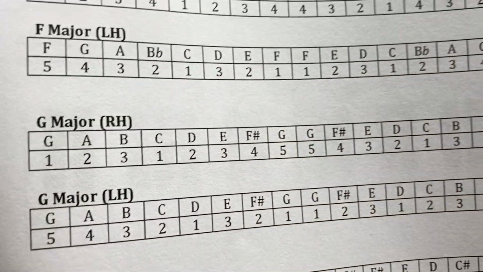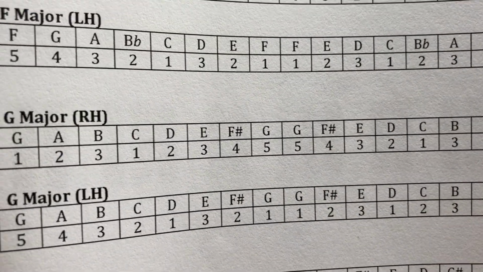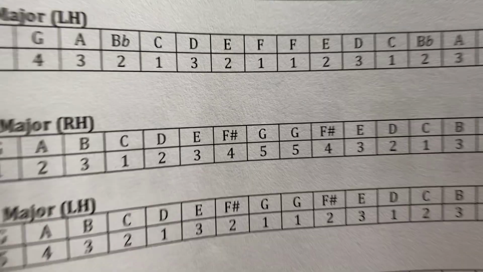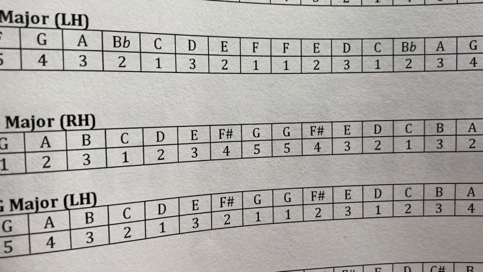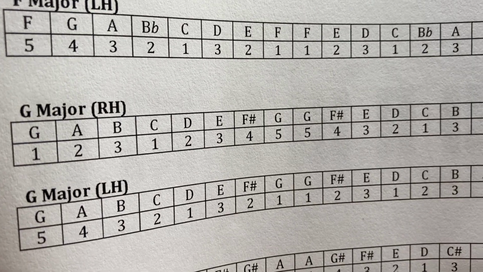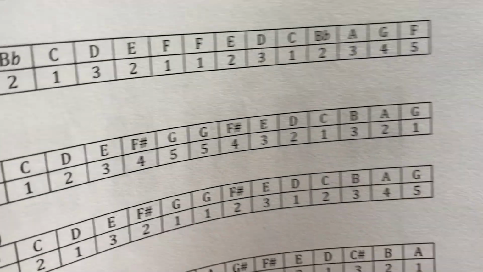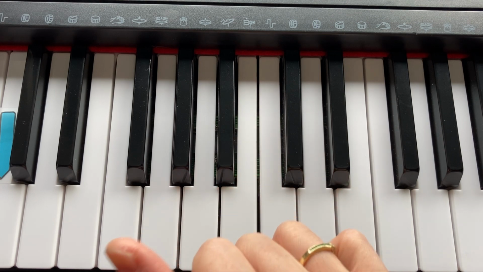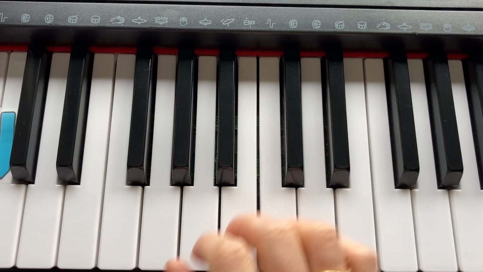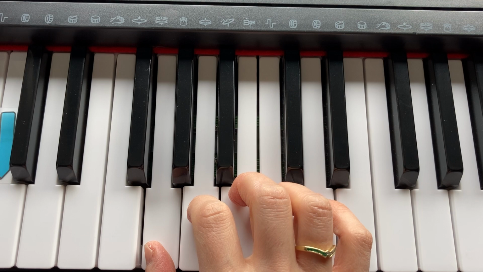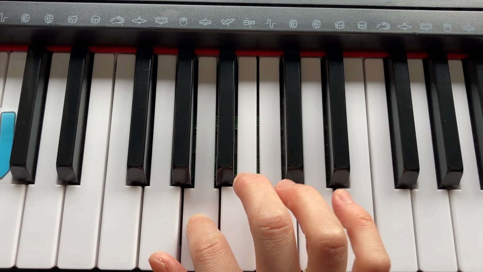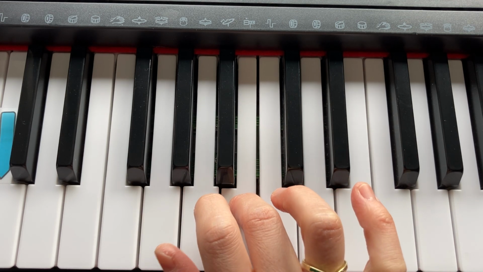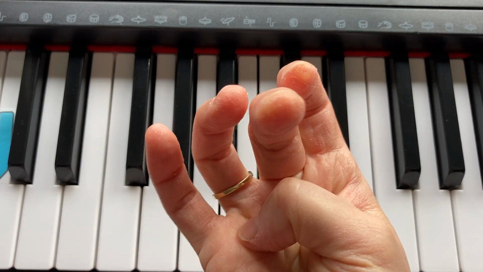So just like in my previous video on C major, I cannot show you the paper in my hand at the same time. So I have to ask you to look at the paper in your hand and then watch the video at the same time. So G gets 1. Again, 1 is your thumb, 5 is your pinky for both hands. A gets 2, B gets 3, and when you get to C, tuck in your thumb like this.